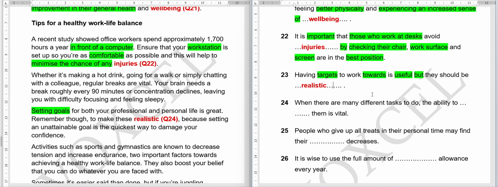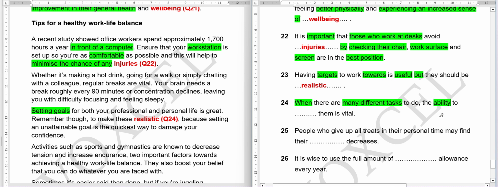Moving on to the 24th question. When there are many different tasks to do, the ability to dash them is vital. So the question is saying that when there are many different tasks to do, this is a situation. When you have to do a lot of different tasks, the ability to dash them is vital.